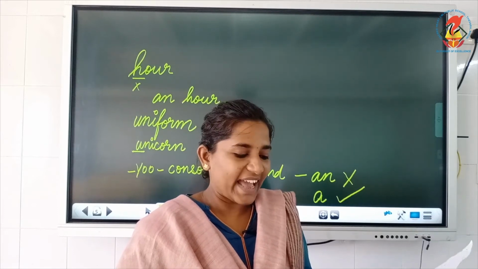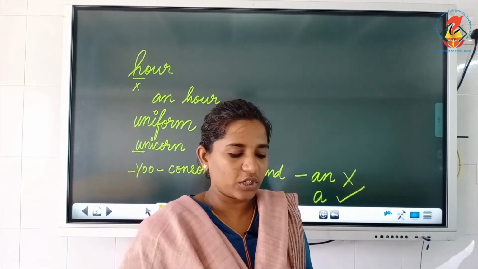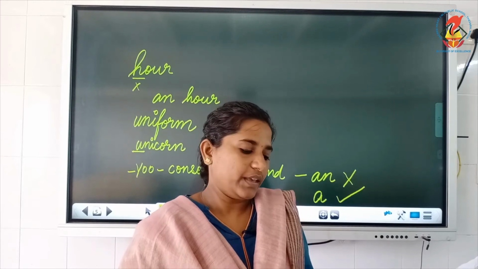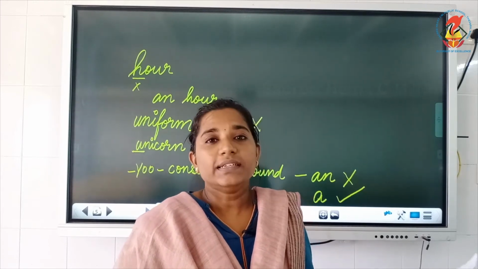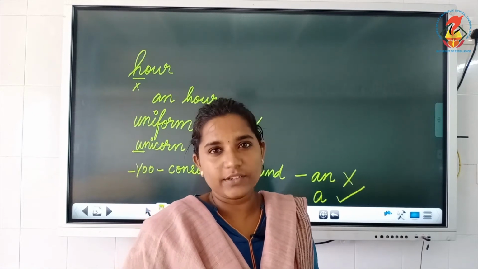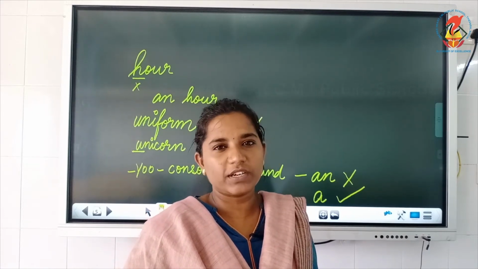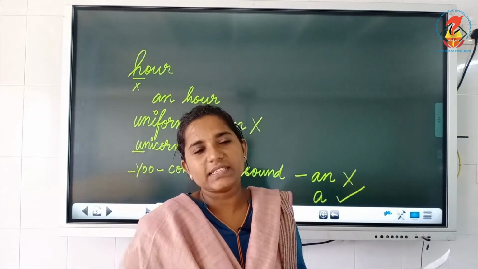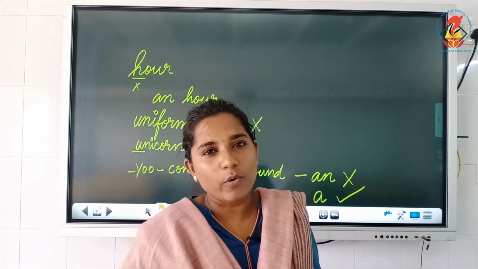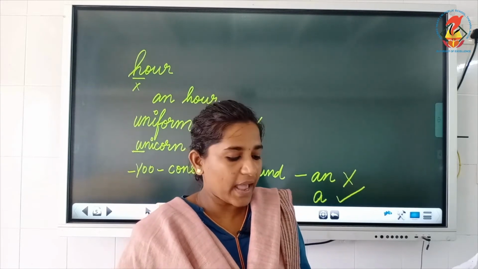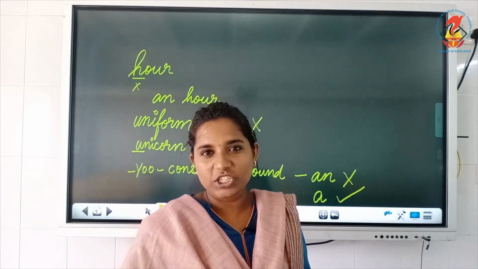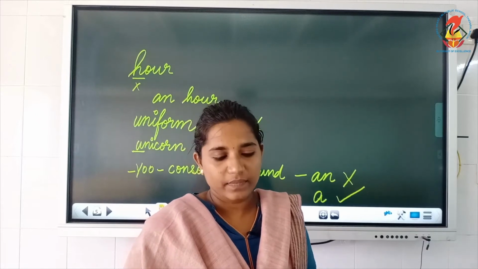Sixth one, dash honest man does not cheat or lie. Even though in honest the spelling starts with H, the letter H is silent there, and the pronunciation of the word starts with O, a vowel sound, so we can use the article an. An honest man does not cheat or lie.